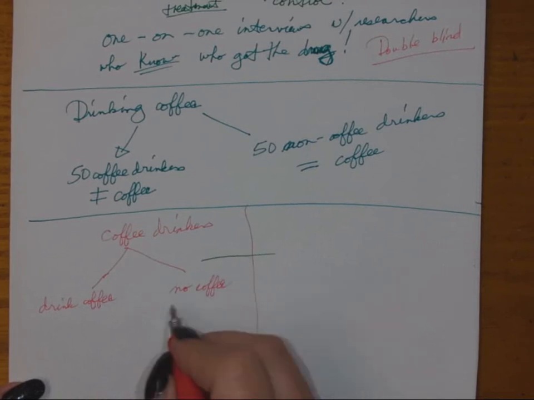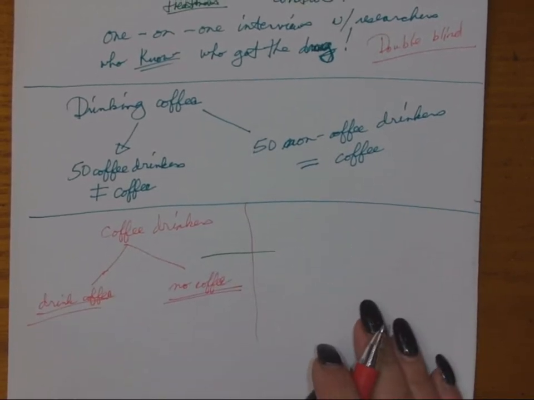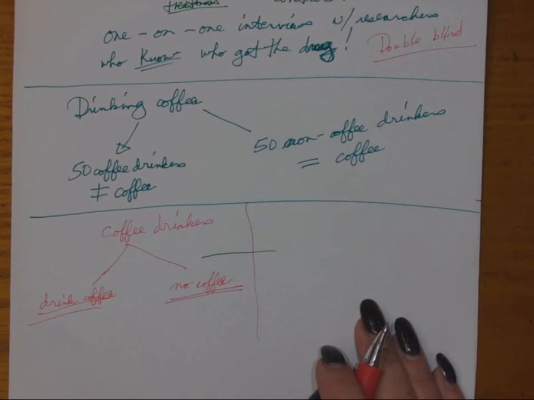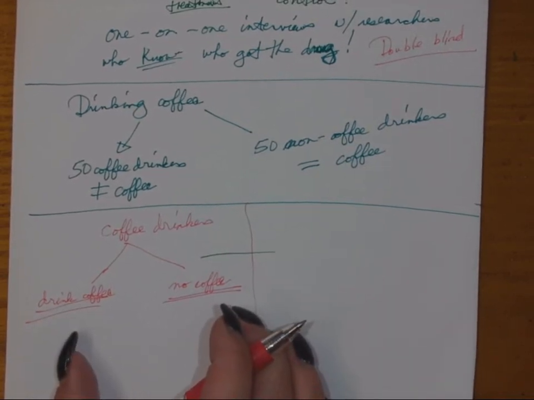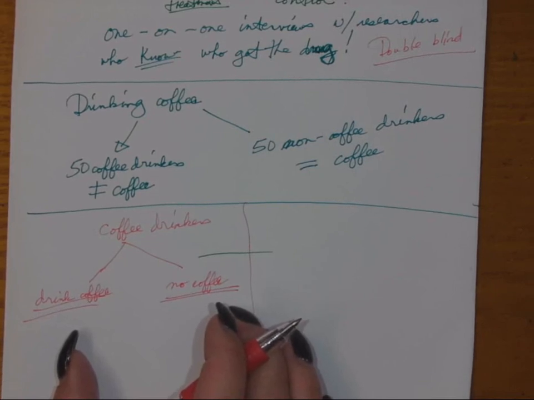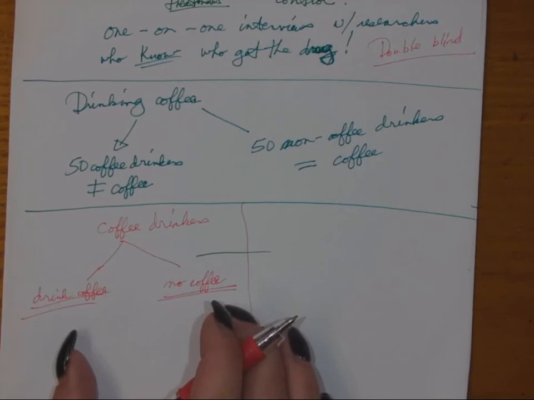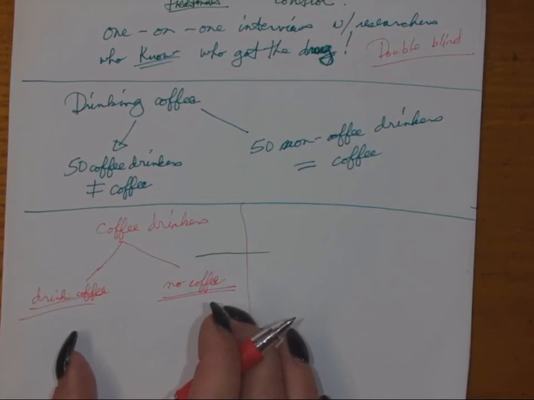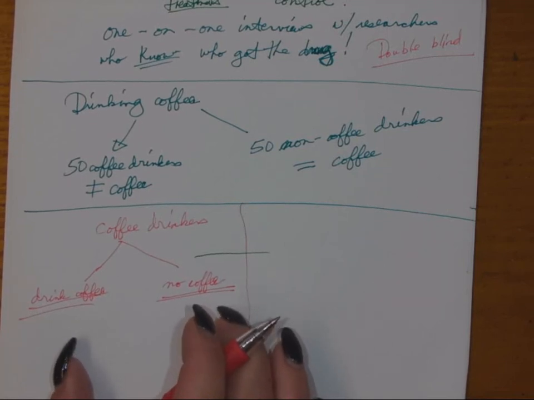If you're a coffee drinker and you have no coffee all of a sudden, then again, you might be going through withdrawals, but at least inside of this group, we're looking at the same people, basically. You all are coffee drinkers. You all want your coffee, but we could still have withdrawal issues, right?